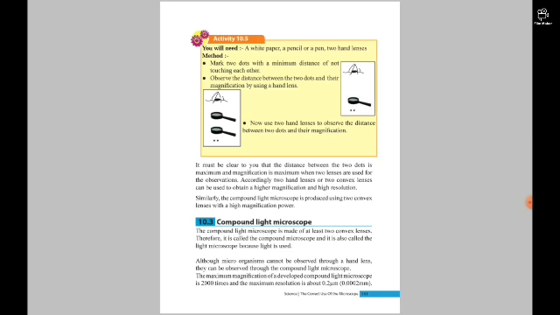That means 0.0002 mm. Remember: maximum magnification 2000 times, maximum resolution 0.2 micrometers.